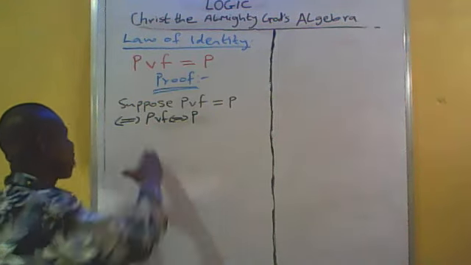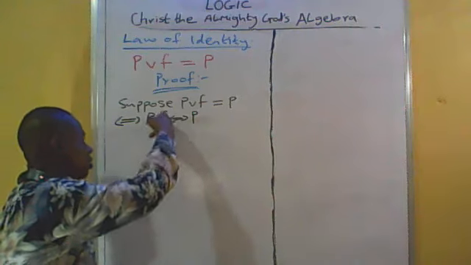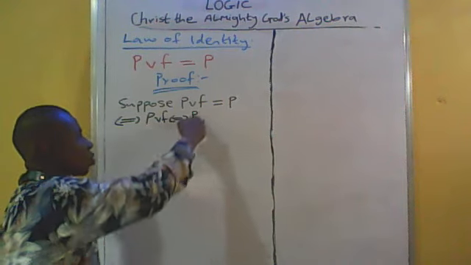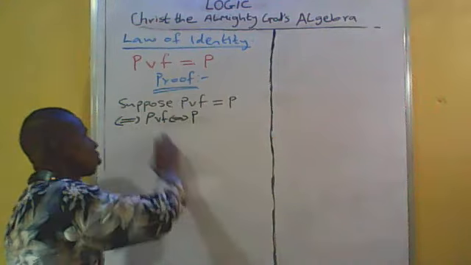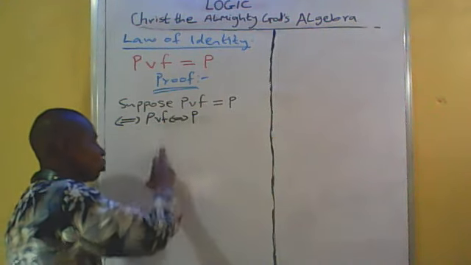And you find that whenever the left equivalent is true, also the right equivalent is true. Whenever the right equivalent is false, also the left equivalent is false.